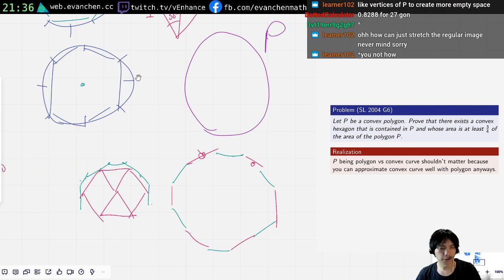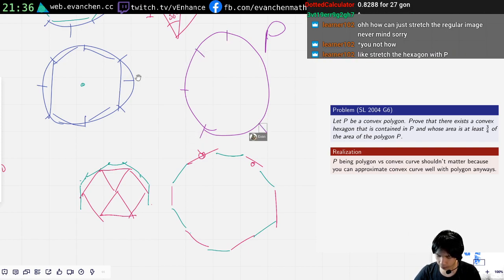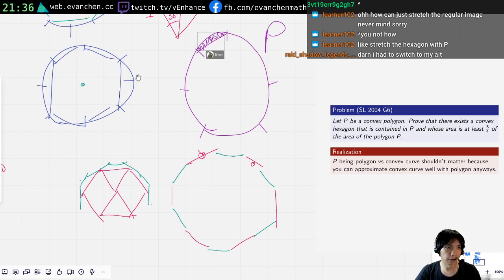Okay, let me go back to this purple egg. I'm trying to think how I'm going to get area into this picture. Suppose I pick 6 random points, maybe even probabilistically random. How can I get a handle on that area? There's some area there, and I don't really know how to control it.